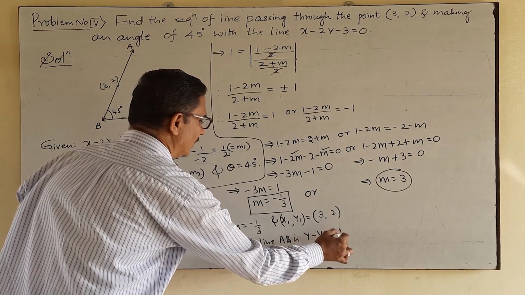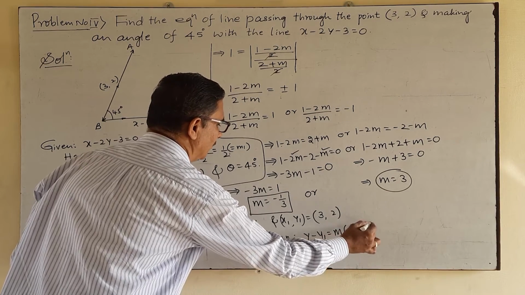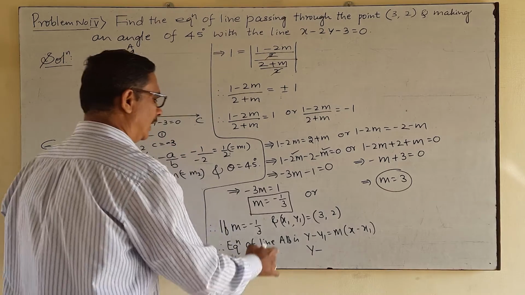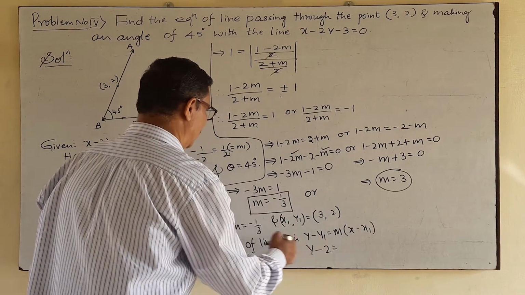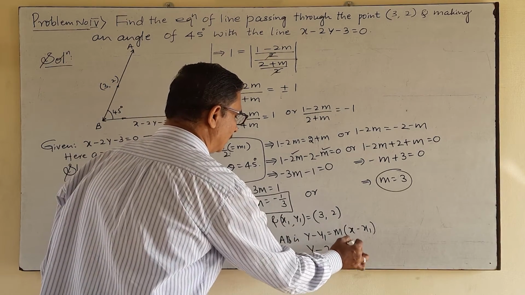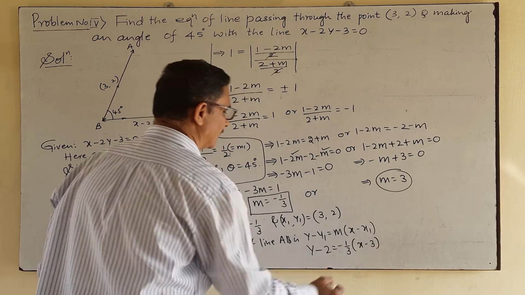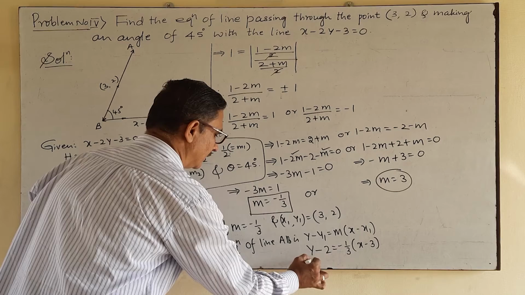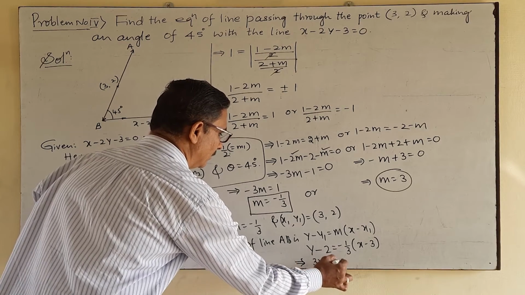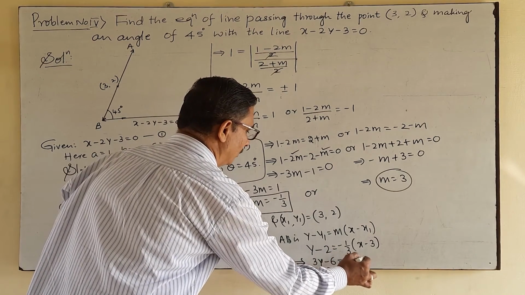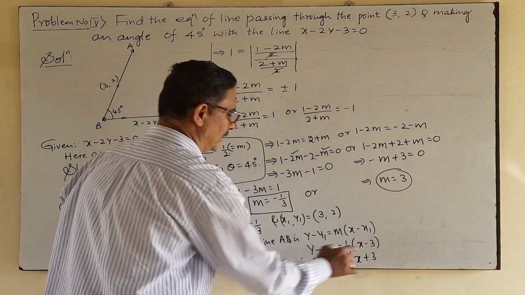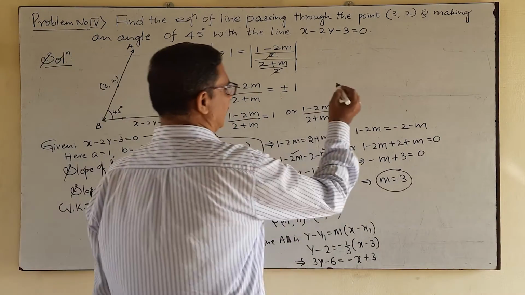Y minus y1 is equal to m into bracket x minus x1. Substituting the value, y minus y1 is 2, m value is minus 1 by 3, x minus x1 is 3. Simplify, cross multiply, 3 into y, 3y minus 6 is equal to minus x plus 3. Minus 1 into x minus x, minus into minus plus 3. Now rearrange.